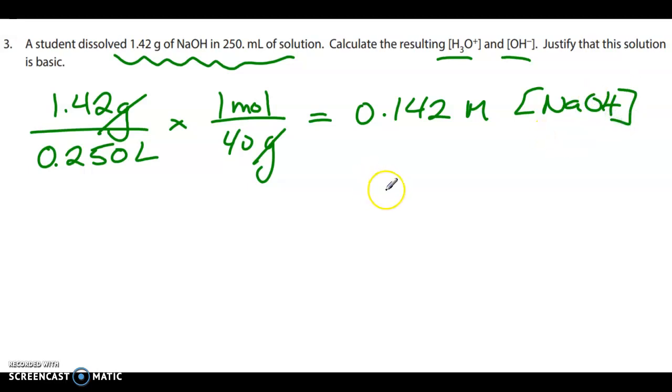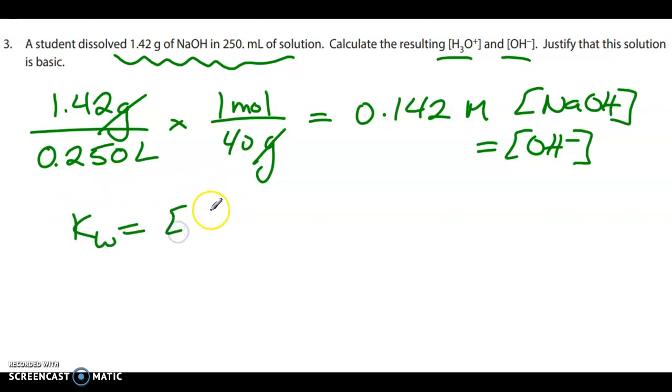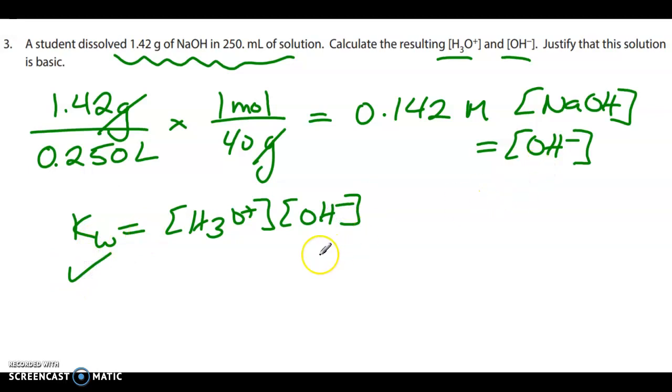But again, the same reasoning that we saw with the first example we went through, this is also equal to the concentration of hydroxide since it's a 1-to-1 ratio and it's a strong base, right? So we can just assume, looking at mole ratios. So then we have our relationship between Kw, hydronium, and hydroxide. We have our Kw and we have our hydroxide value.